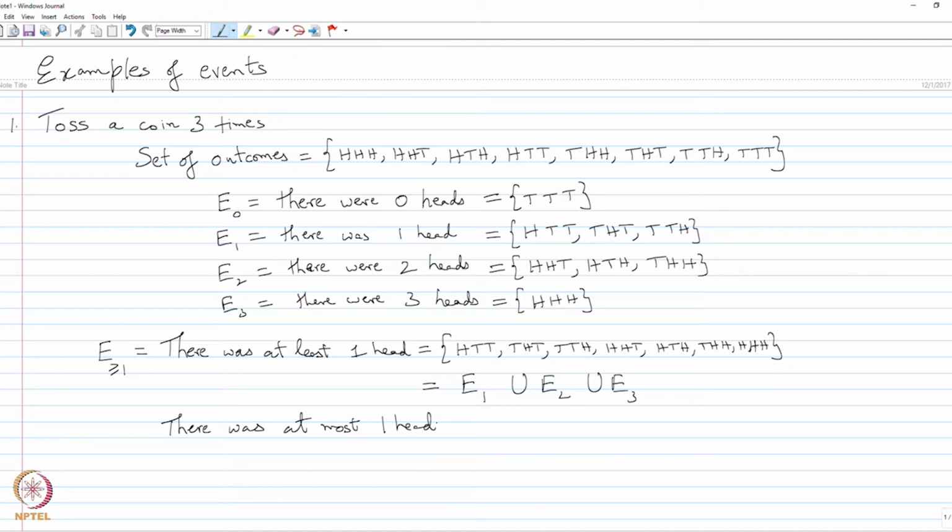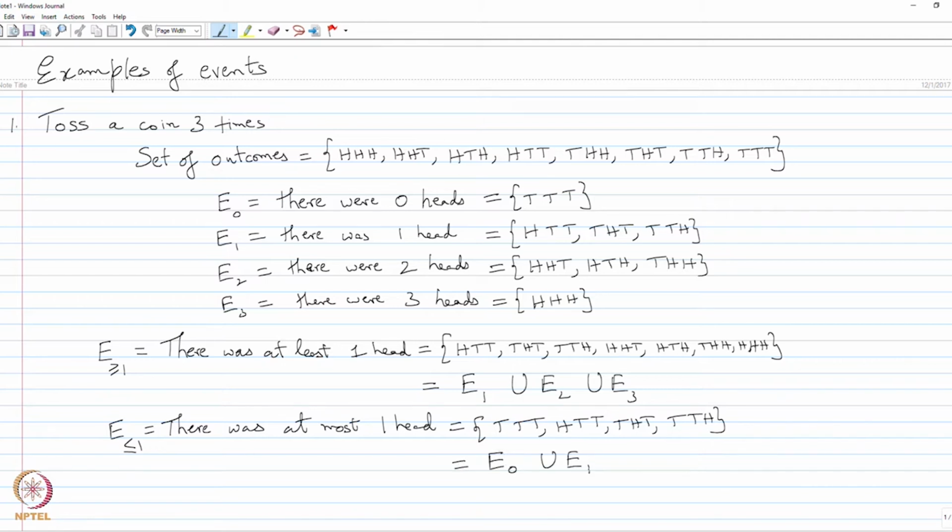Both of those are allowed. I could call this event E less than or equal to 1, and then if you think about it, this is just either no heads or exactly one head, right? HTT, THT, TTH. Okay, now this again can be written as the union of 2 of these events, E0 union E1.